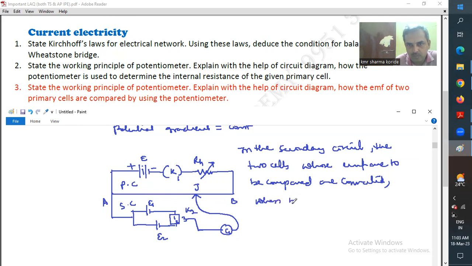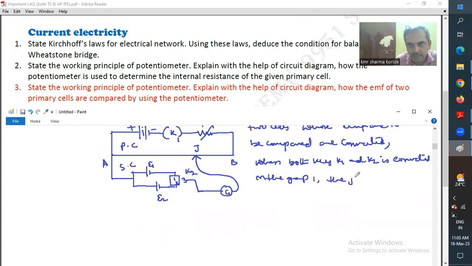When both keys K1 and K2 are connected in the first gap, so 3 is connected to 1, K2 is connected in the gap 1.